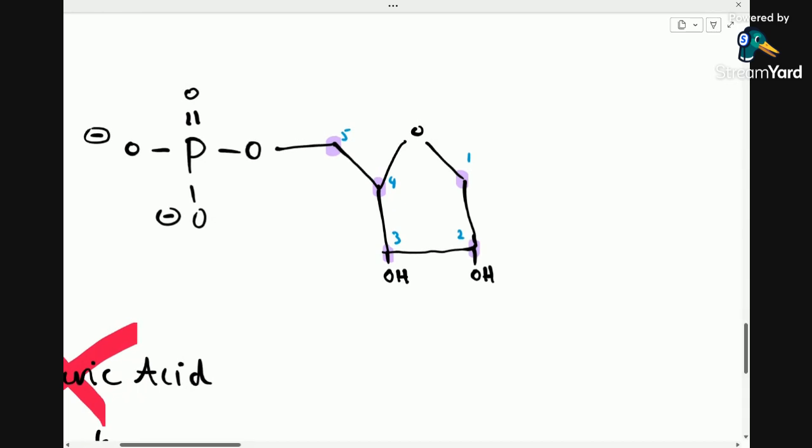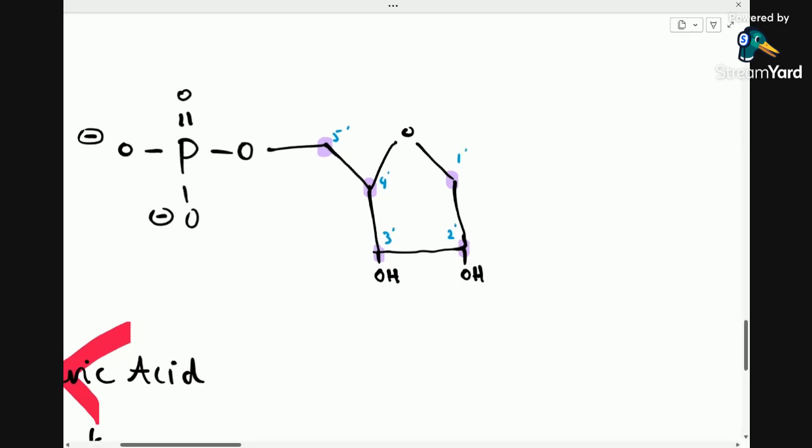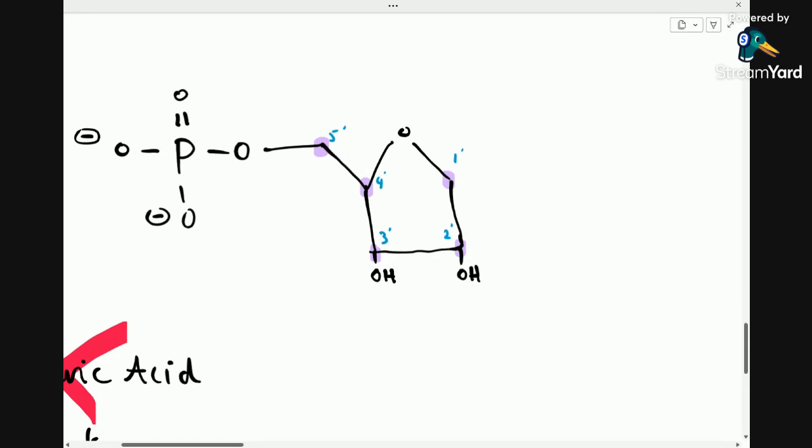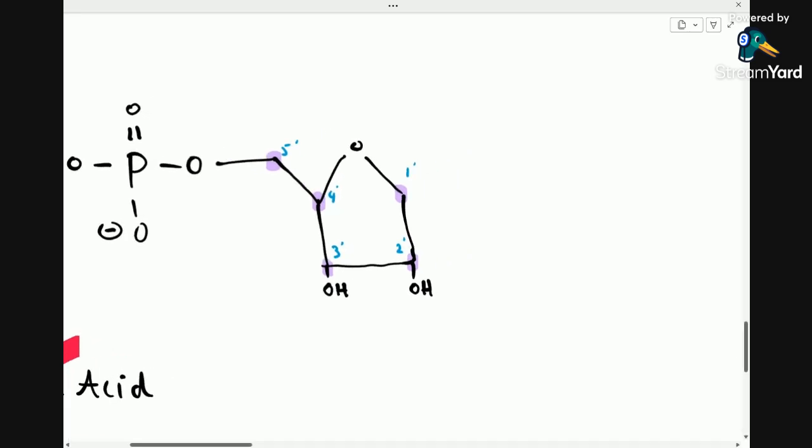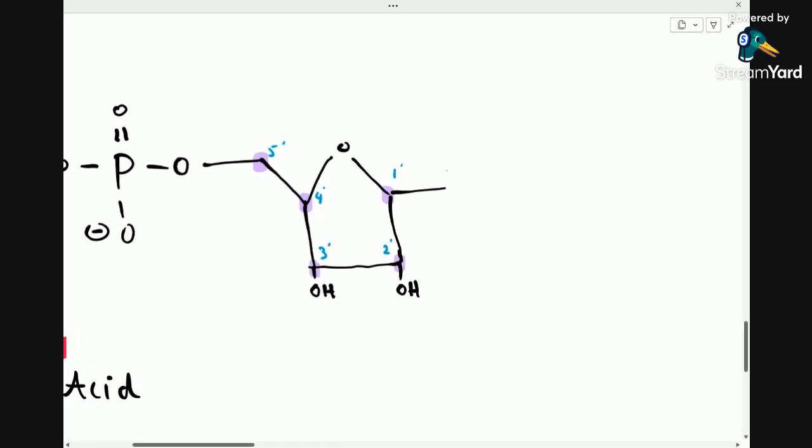And hopefully you remember from the sugars lesson on carbohydrates, we number them with a prime in DNA or RNA. So it's the 1' carbon, the 2' carbon, etc. The reason why we number them with a prime is because of the final thing, which is that we connect to an organic nitrogenous base.